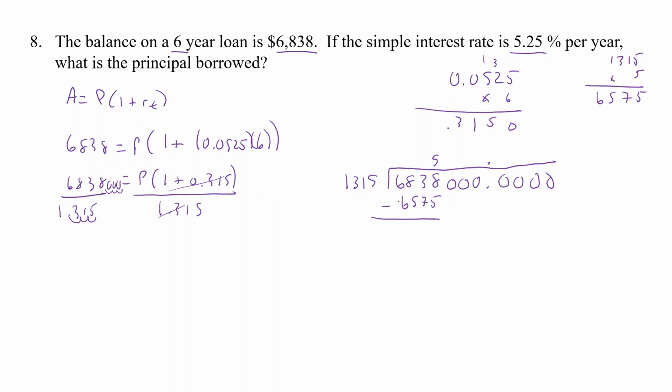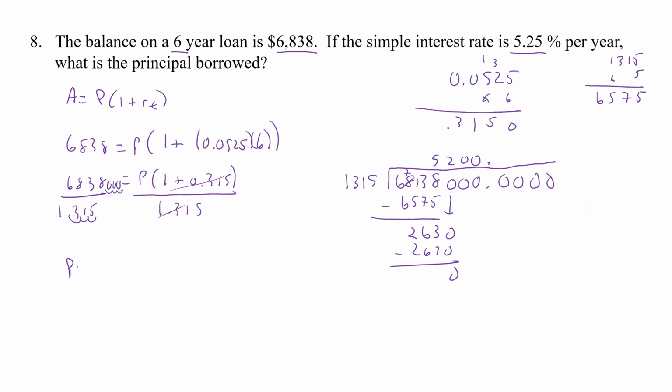So that's 6575. Subtract that off. 8 minus 5 is 3. Now we have to borrow. So here we have 6 after we subtract there. 7 minus 5 is 2. Now we bring down a 0. And well, guess what? That's twice that. So that's times 2. So that's 2630. Subtract that, and so then we have a 0, 0.